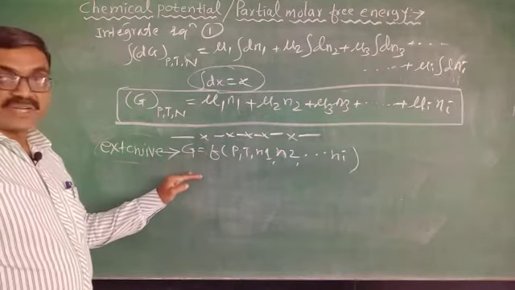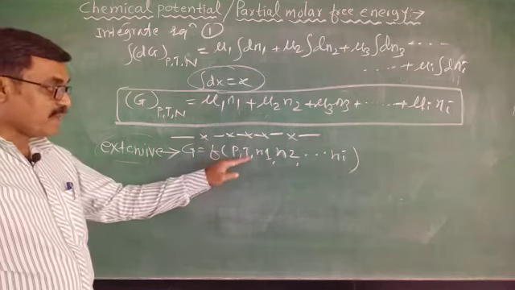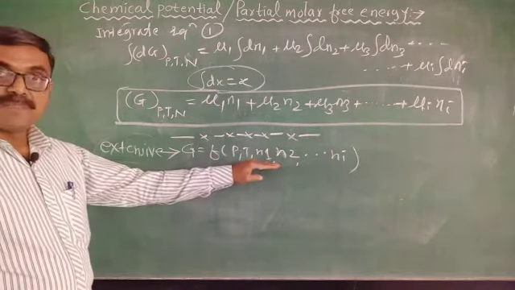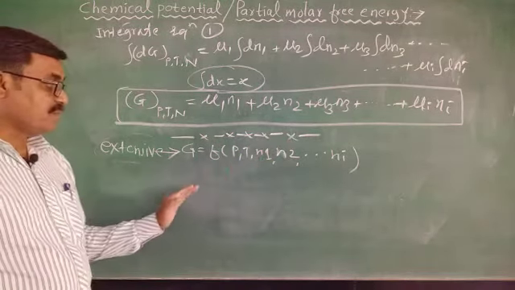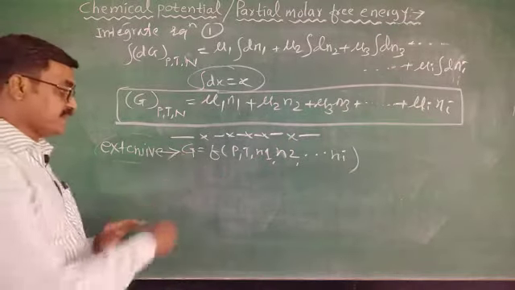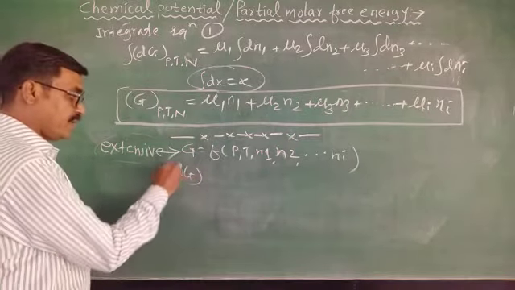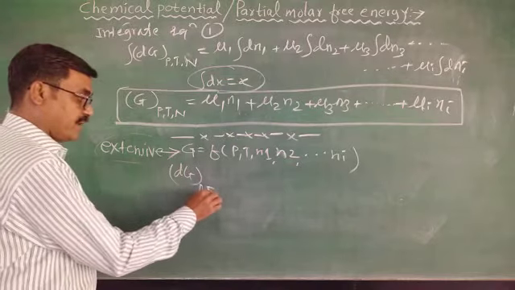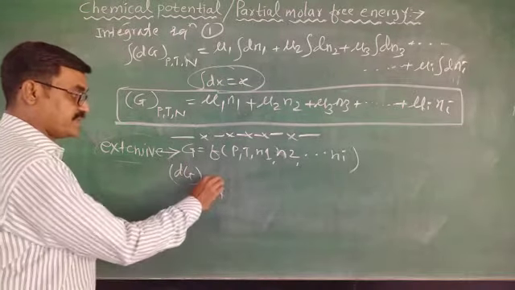Now differentiate with respect to one of these, keeping the others constant. First of all, the differentiation of G is dG. Now pressure, temperature and number of constituents remain as they are.